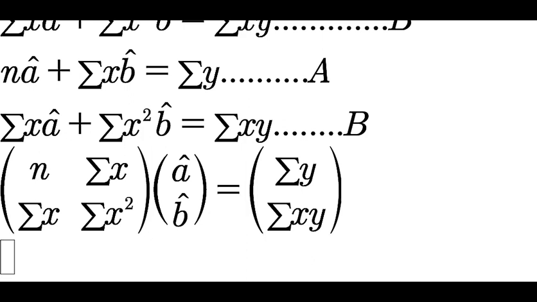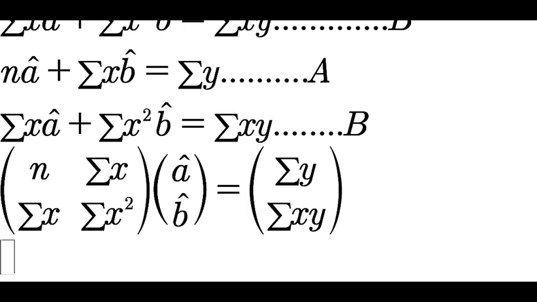So we have to employ Cramer's rule, that is Gabriel Cramer's rule, to solve for the unknowns a hat and b hat. Without taking much of our time, I'll solve for the determinants. I expect at this point you know how to manipulate a 2x2 matrix of this nature.